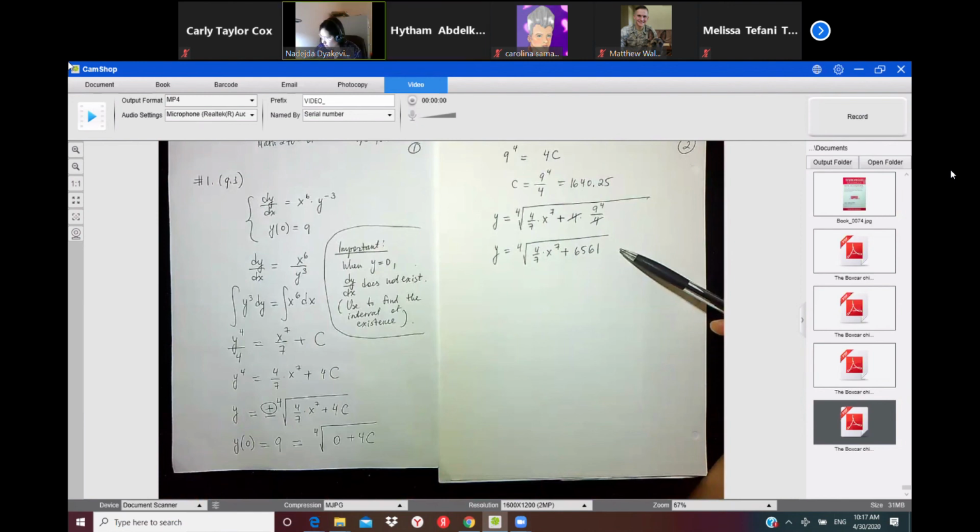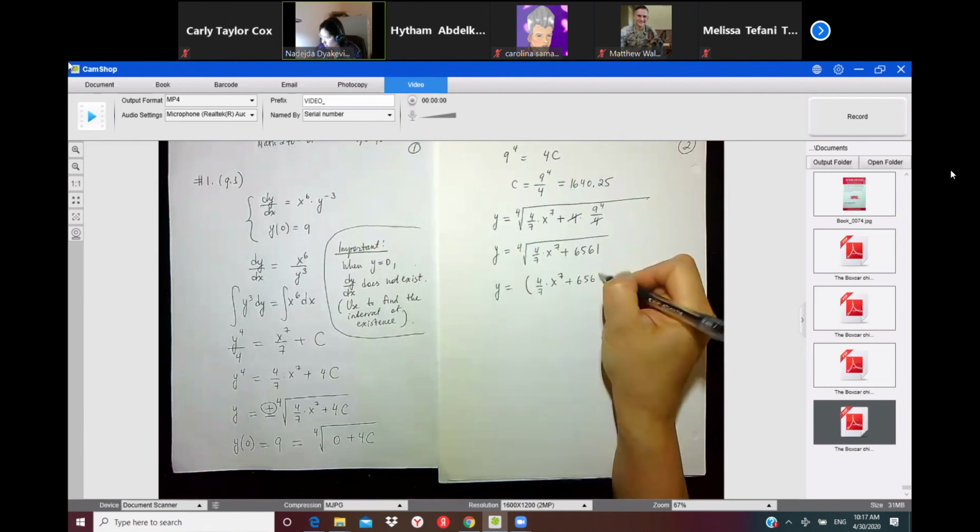All right, so for the purpose of typing this, I'm going to rewrite this root as an exponent. So I'm going to use a quarter, right? The exponent is 1 over 4, and this is what I intend to type.